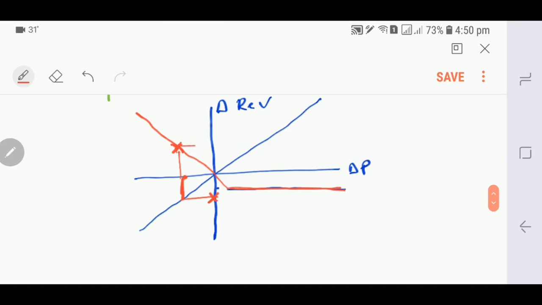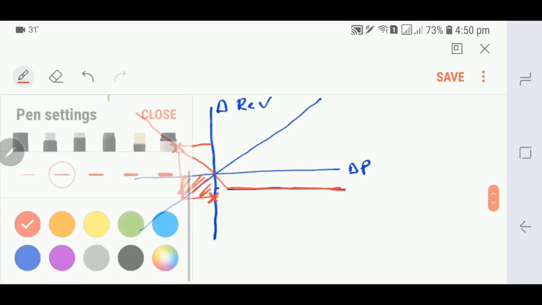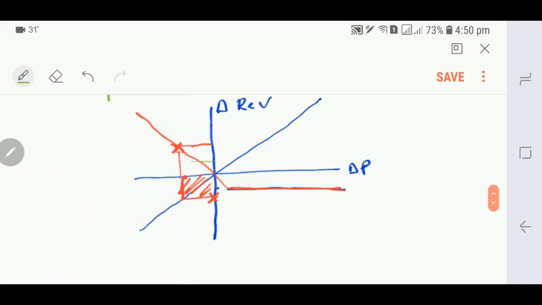So this loss in this area is recovered by the gain in this area on the put option. So you're protected against the downside. This is the gain from the put, and this is the loss from the market.